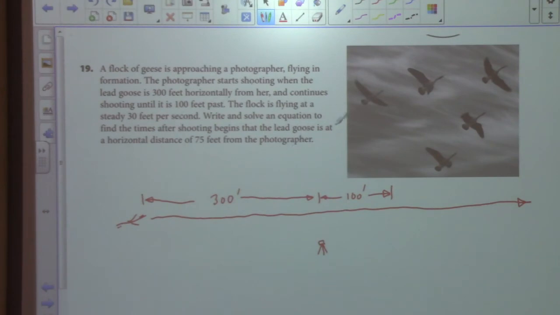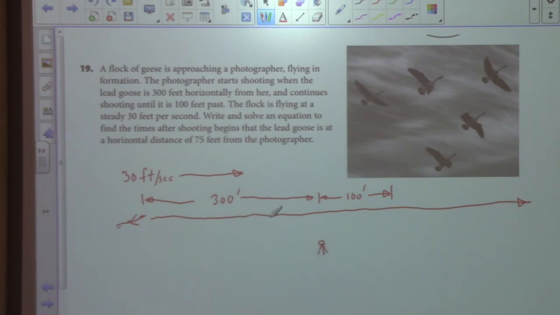The flock is flying at a steady 30 feet per second, and it's going in this direction here. Write and solve an equation to find the times after shooting begins that the lead goose is at a horizontal distance of 75 feet from the photographer.